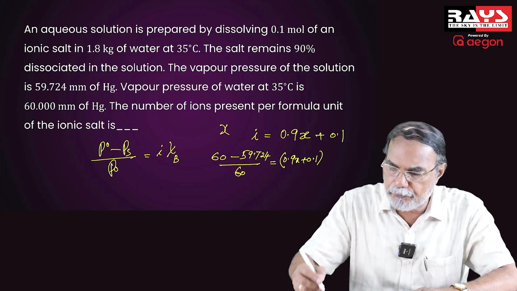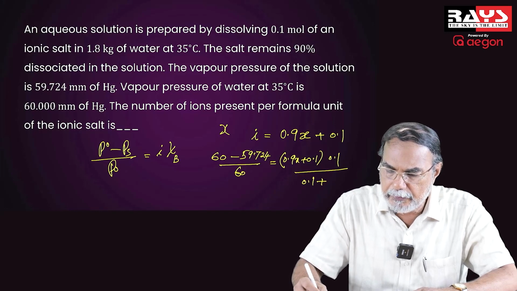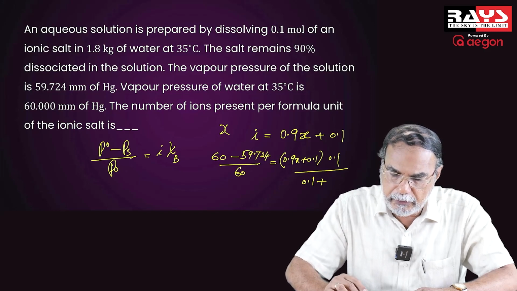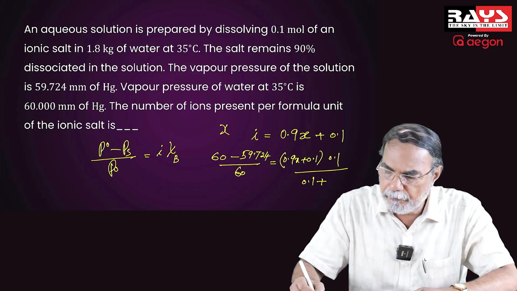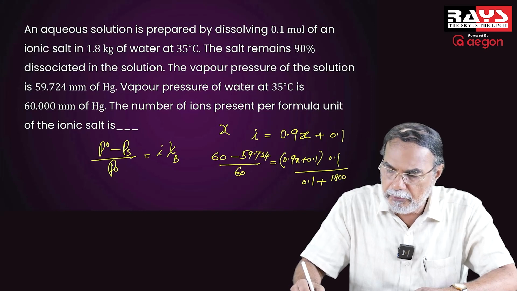So 0.1 mole of solute divided by 0.1 plus the number of moles of the solvent. It is 1.8 kilogram of water, that is 1800 gram of water divided by 18, the molecular mass of water.